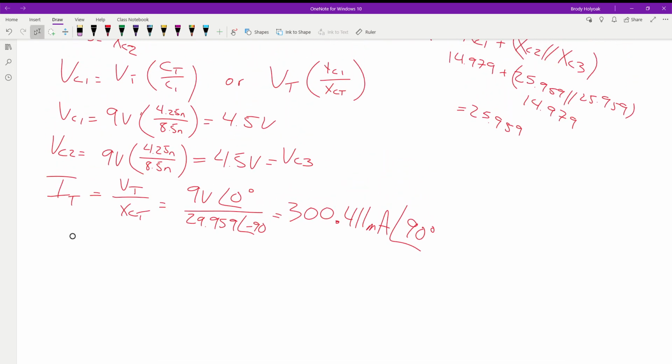Solve for the current totals. Now we need to solve for the current IC1, IC2, and IC3. The next winner gets to pick which one they want to do. Okay, Jessica?